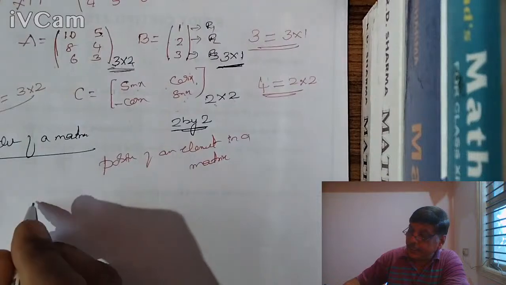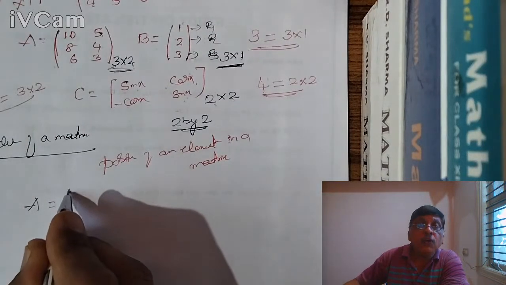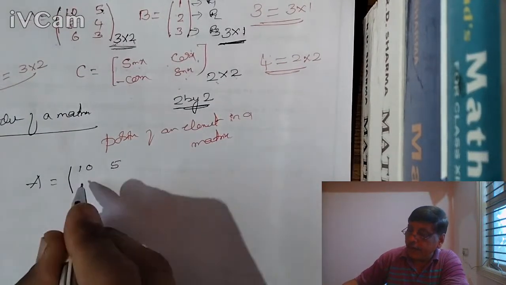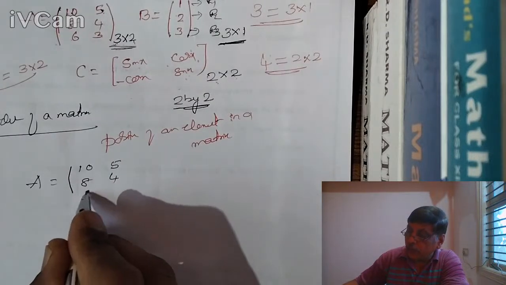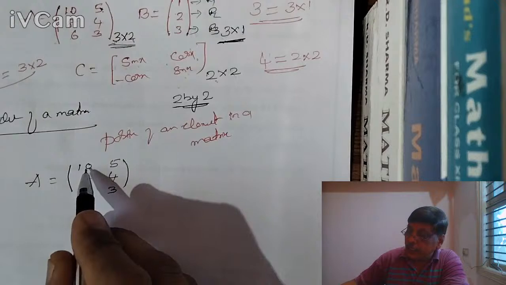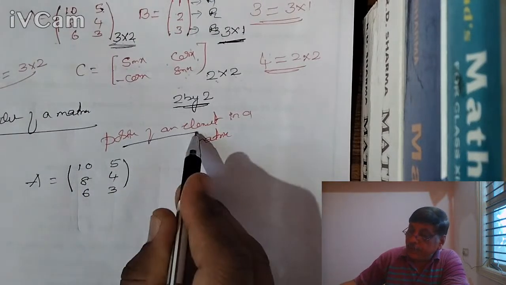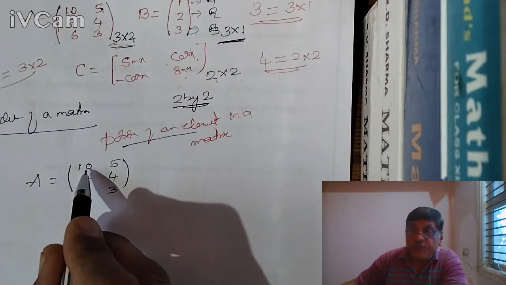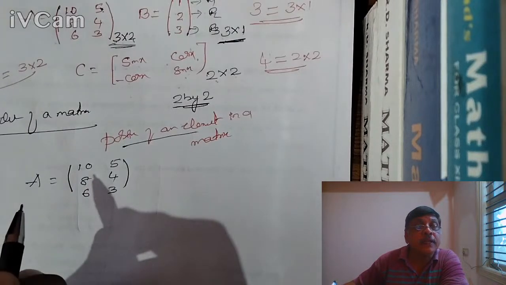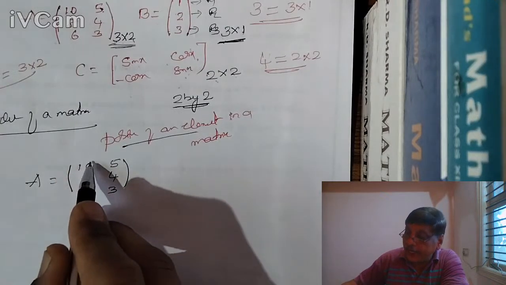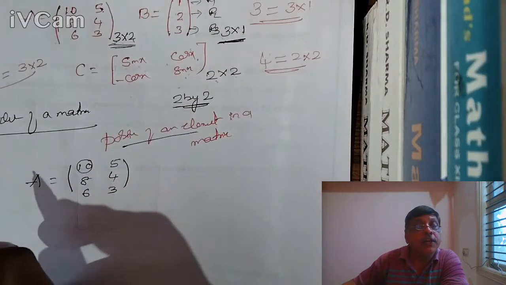Here I consider the matrix A equals 10, 5, 8, 4, 6, 3. Position of an element means: what is the position of 10 in this matrix? Position means in which row and in which column the element 10 lies. Got it or not?